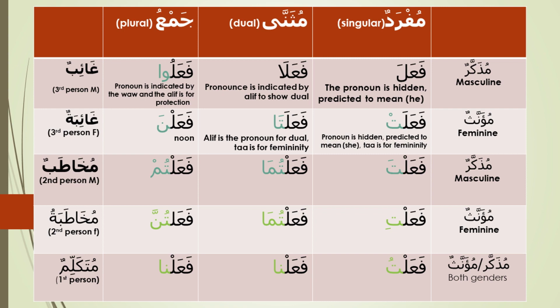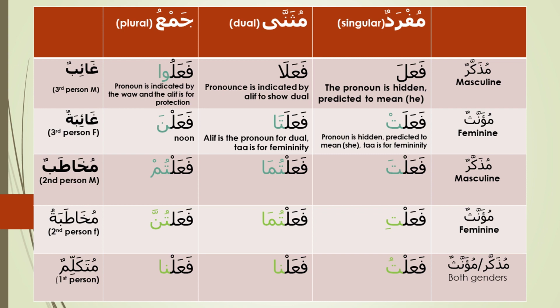He's going to do it from memory. ذهب ذهبا ذهبوا ذهبت ذهبتا ذهبنا. Mubarak. So ذهب ذهبا ذهبوا ذهبت ذهبتا ذهبنا.